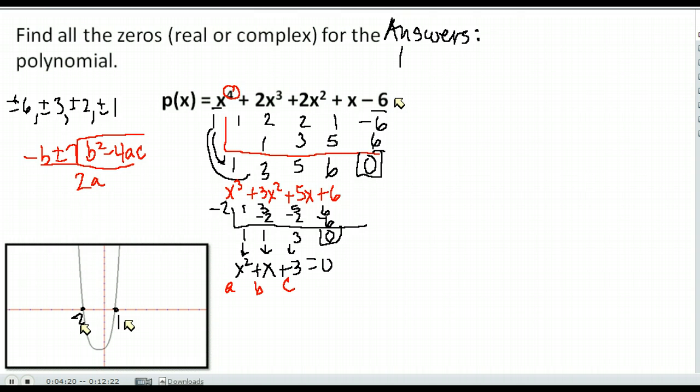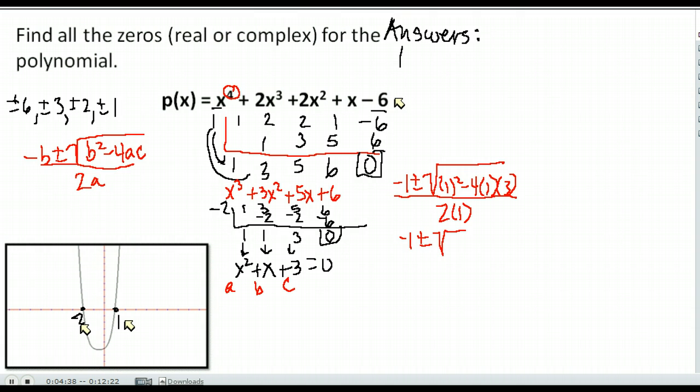Alright, so let's go ahead and plug that in. We have negative 1 plus or minus the square root of 1 squared minus 4 times 1 times 3 all over 2 times a, which was 1. We simplify that.